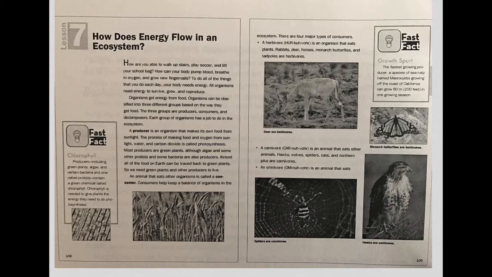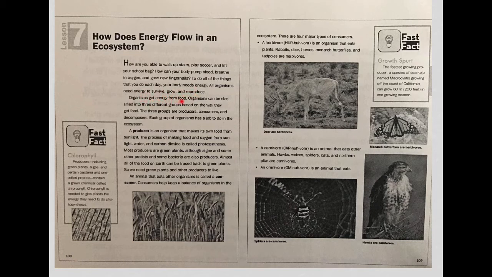Let's read it together. How are you able to walk upstairs, play soccer, and lift your school bag? How can your body pump blood, breathe in oxygen, and grow new fingernails? To do all of the things that you do each day, your body needs energy. All organisms need energy to survive, grow, and reproduce.